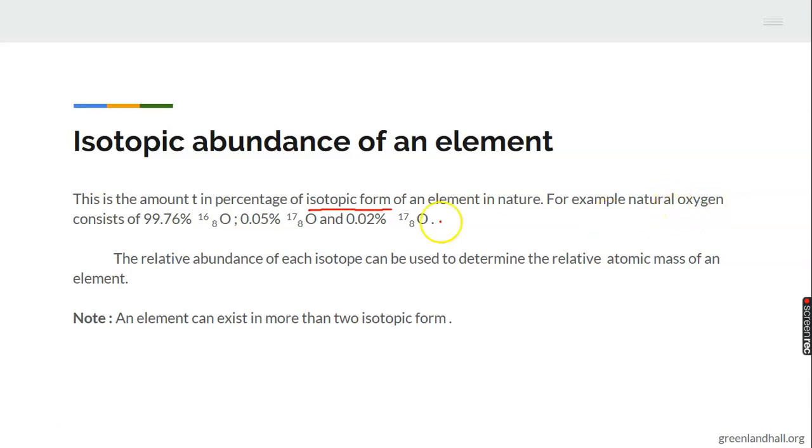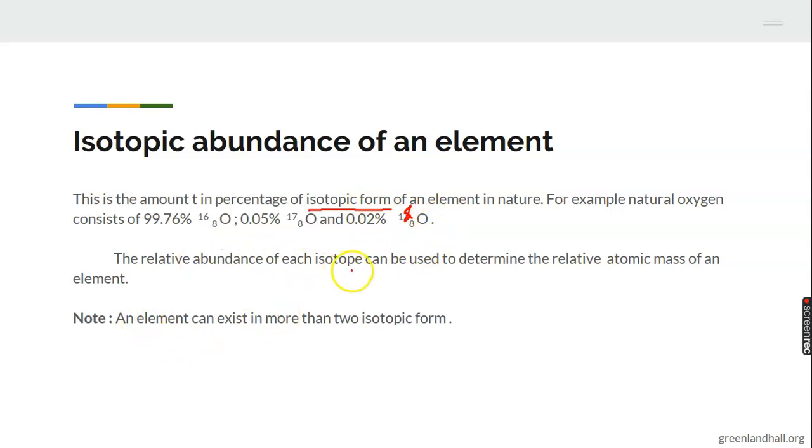For example, natural oxygen has 3 isotopes. The first one is oxygen-16, which has 99.76%. Then oxygen-17 has 0.05%, and likewise oxygen-18, which has 0.02%.